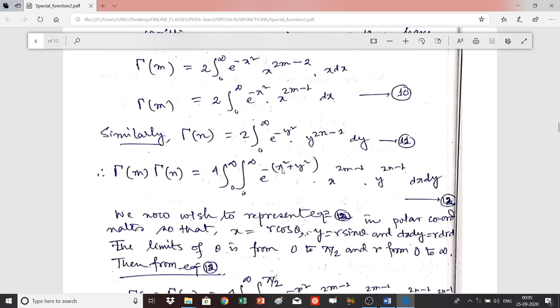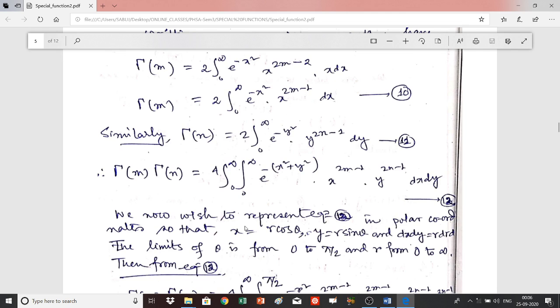The relations are x is equal to r cos theta and y is equal to r sin theta, as well as dx dy is equal to r dr d theta. In the scanning of this page, theta has not come here, but it is dx dy is equal to r dr d theta.